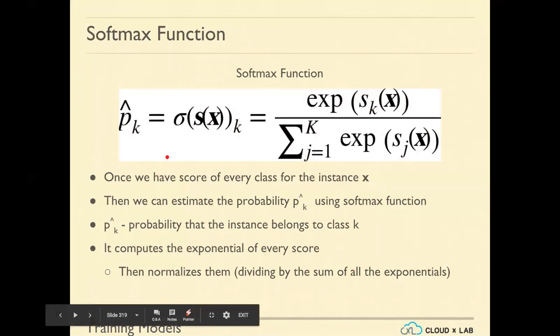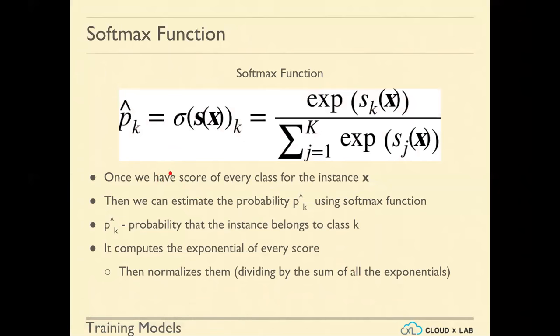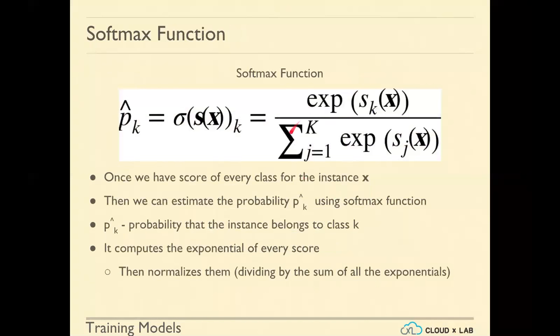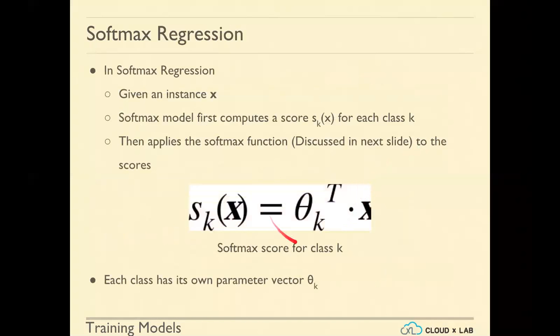Once we have the score for every class of instance x, we can estimate the probability p_k using the softmax function. Here we are saying that the probability of a record x being class k is equal to e to the power of whatever we have computed here, divided by the summation of all of the values. We compute this for each class.